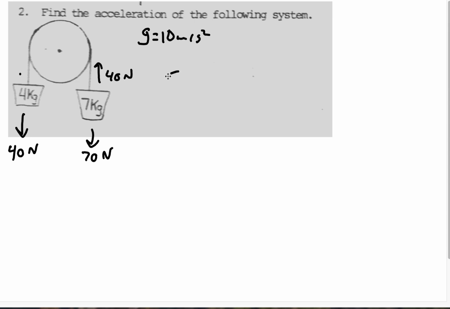and the net force here is going to be the applied forces minus the opposing forces. This ends up being the applied force, the 70, because it will move to the right.